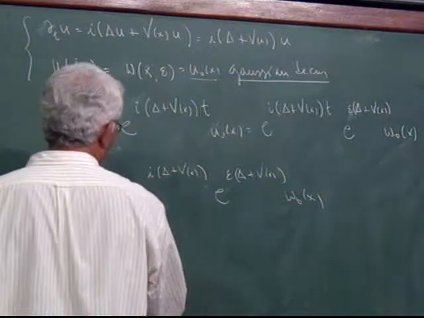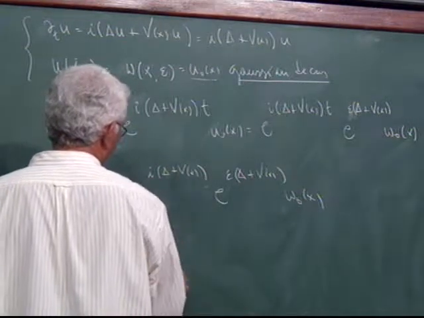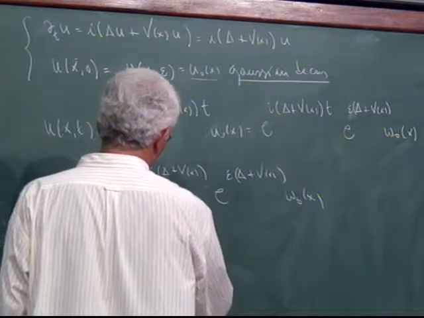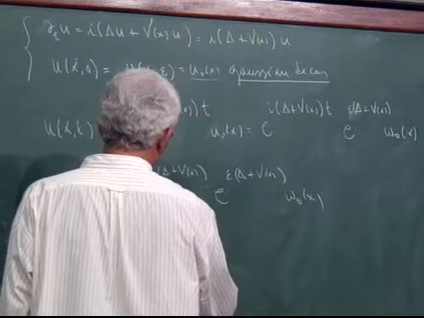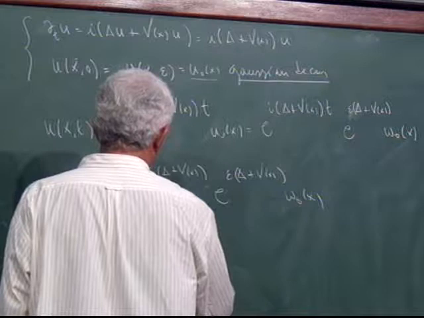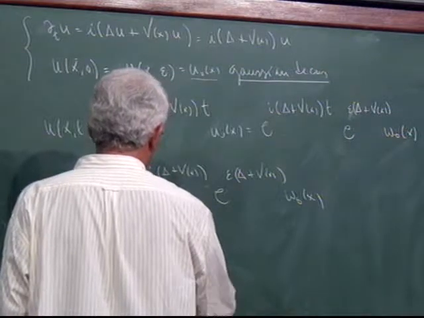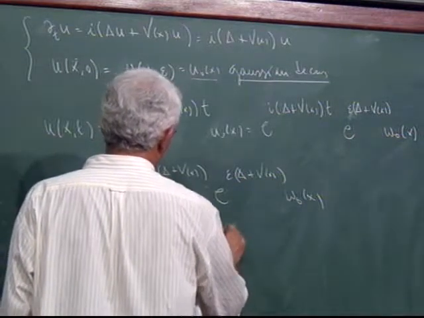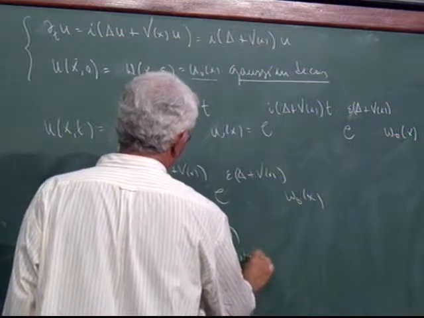And this is exactly equal to this: one plus i epsilon Laplacian plus b of x of W0 of x.